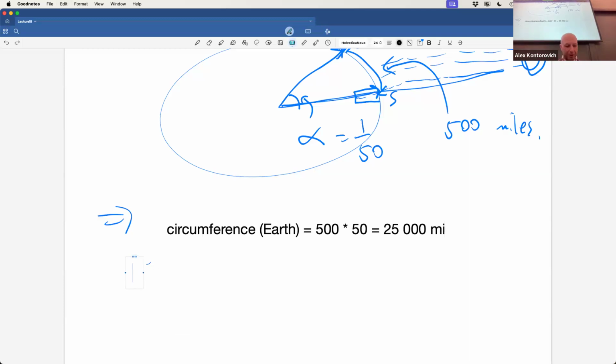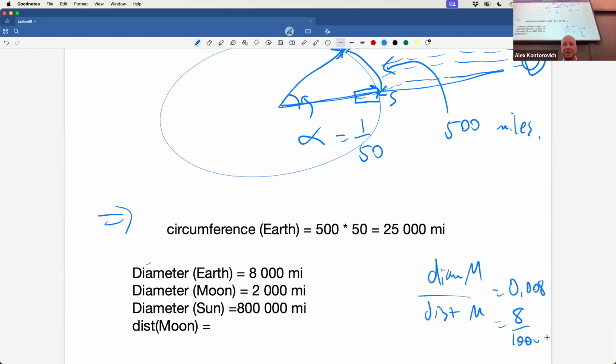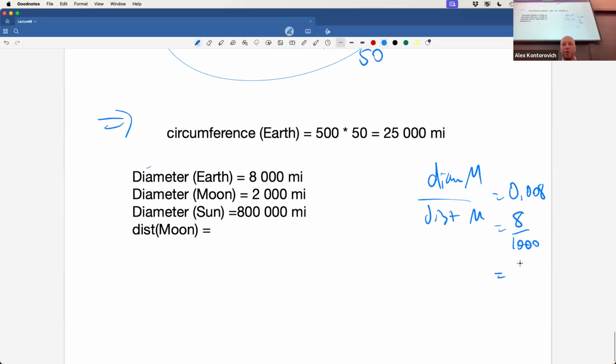The ratio of the diameter of the moon to the distance to the moon is this 0.008, which is 8/1000ths. 8/1000ths is 4/500ths, and 4/500ths is 2/250ths.